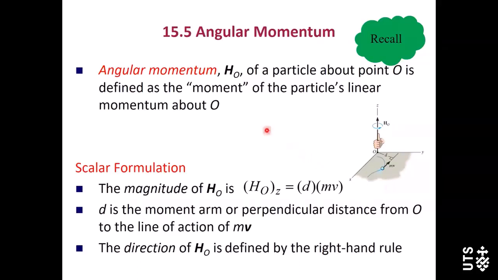When we talk about angular momentum, we have to have a point. For example here, we select point O. Then we can calculate the angular momentum of this particle about point O.